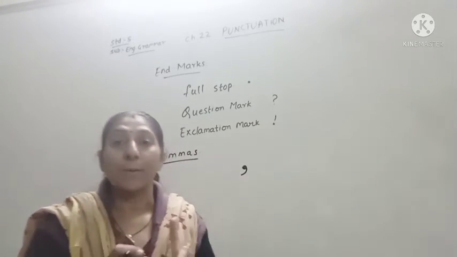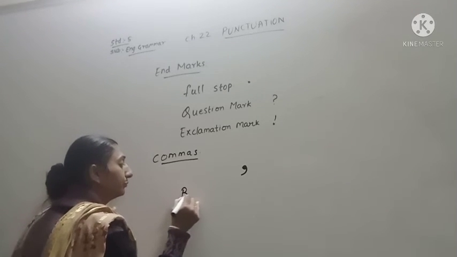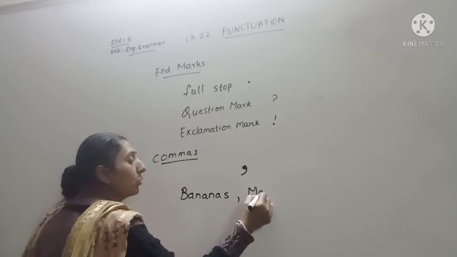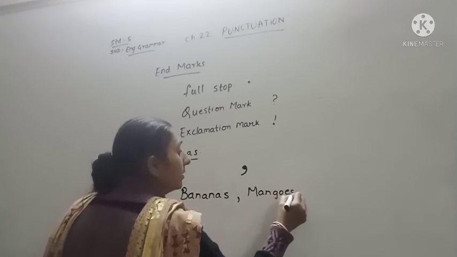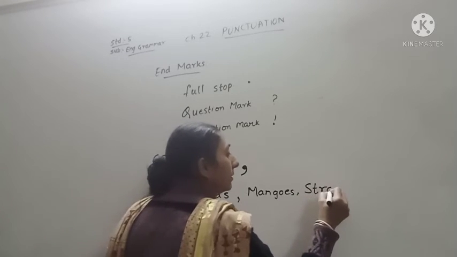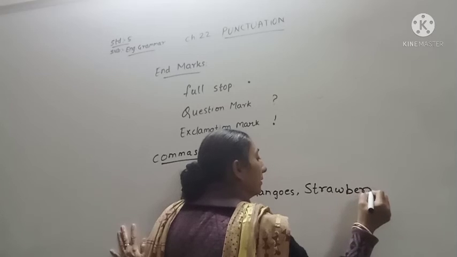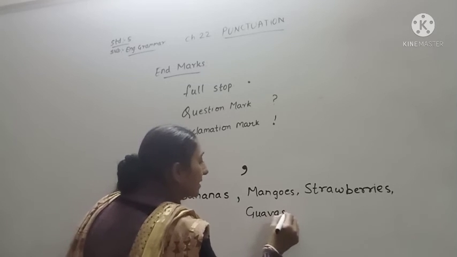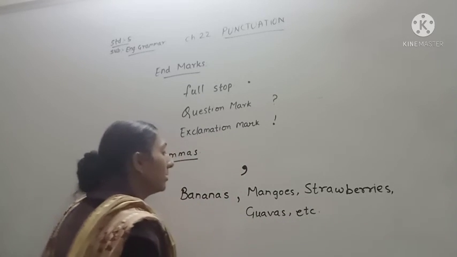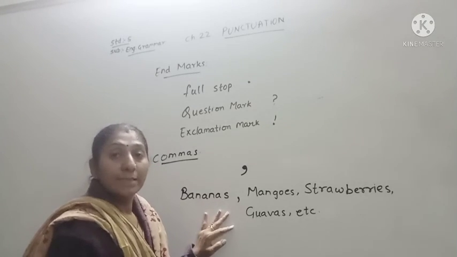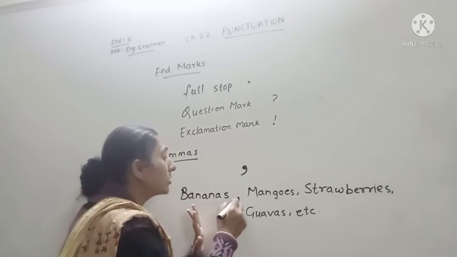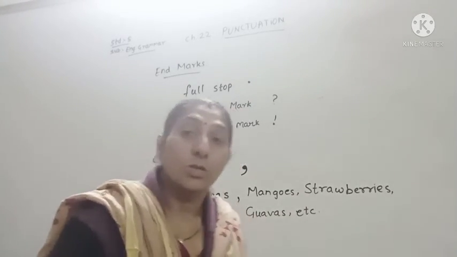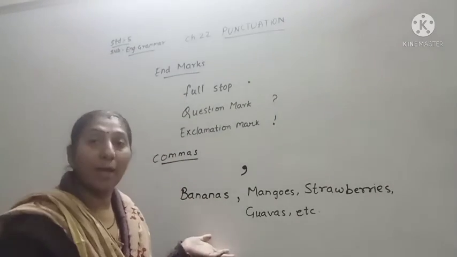There are bananas, mangoes, strawberries, guavas, etc. So when we want to separate some items, we use commas in between the words. So this is about end marks and commas.